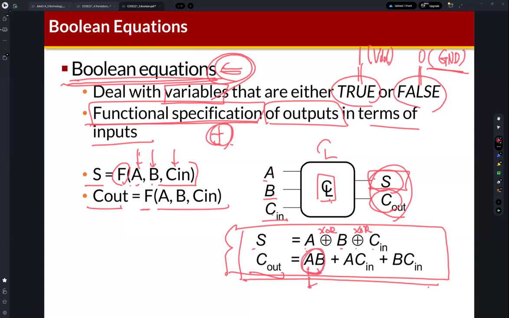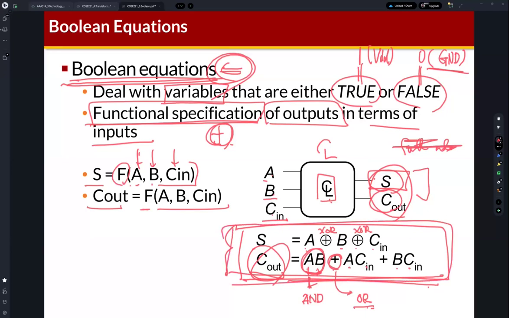This is AND, right? And you can find the sum. What is this one? This is OR, right? So A and B or A and C or B and C. This is the Boolean equation of C out. So actually this is the full adder. We'll learn about the full adder later.